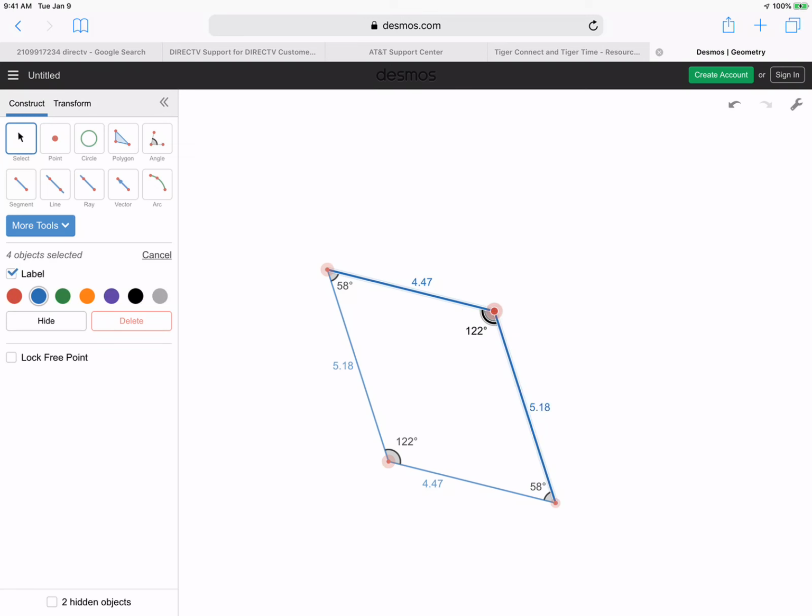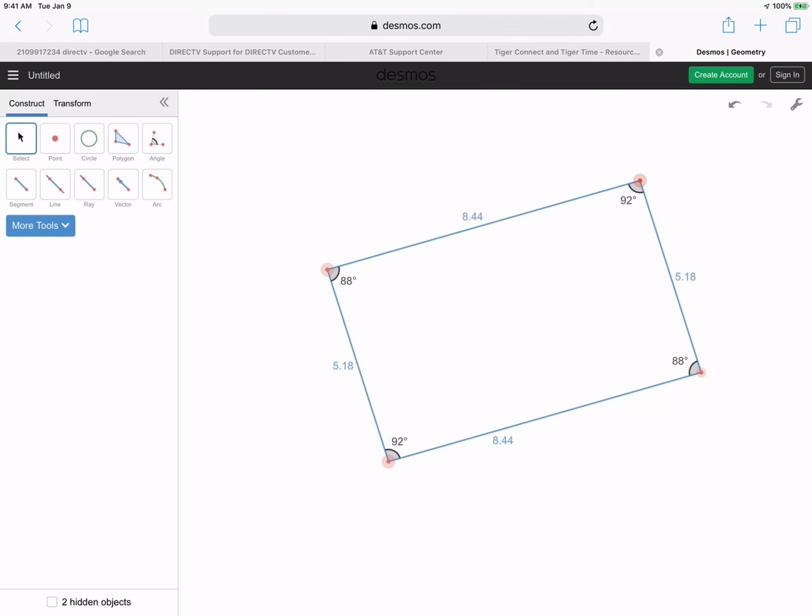So in this picture, you've got the 122 and the 58. Those two are supplementary. 58 and 122, again, are supplementary. And I can change this picture, and they're still going to be supplementary. 92, 88, those are supplementary. 88, 92, those are supplementary.